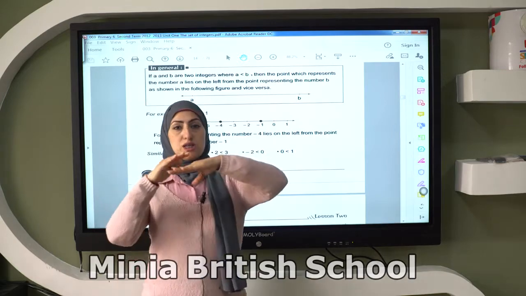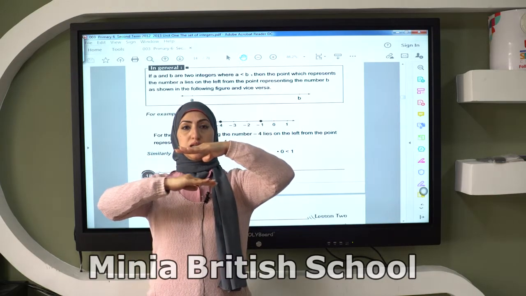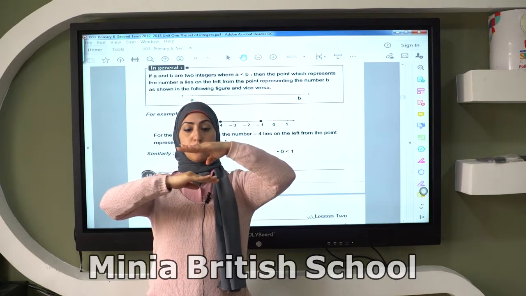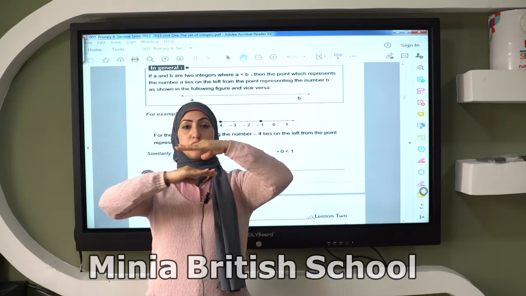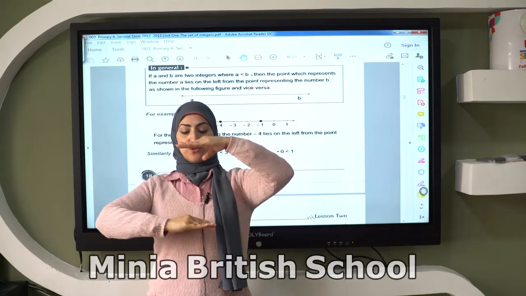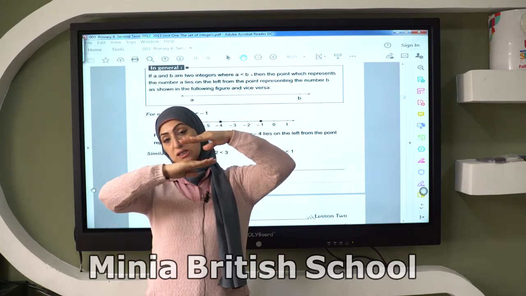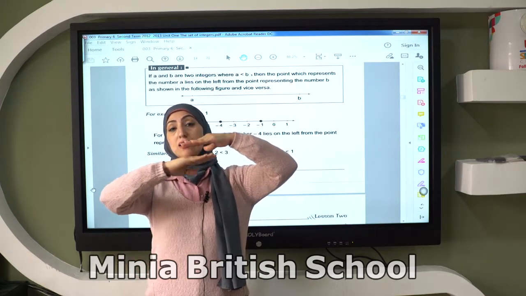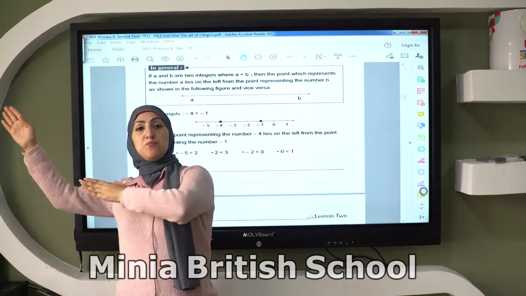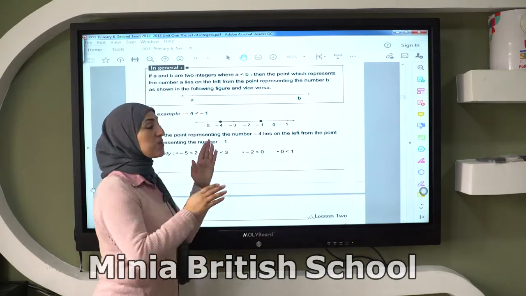So if we say this is the 0, here negative 1, do you see the distance between 0 and negative 1? And negative 2, negative 3, negative 4, so it's a big distance between 0 and negative 4 to the left, so it's smaller.